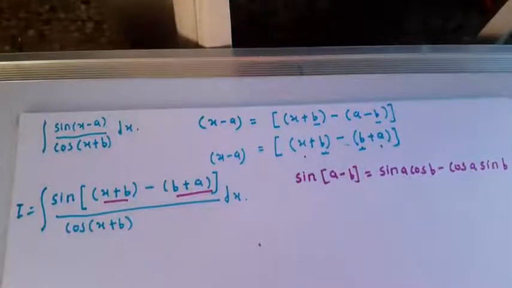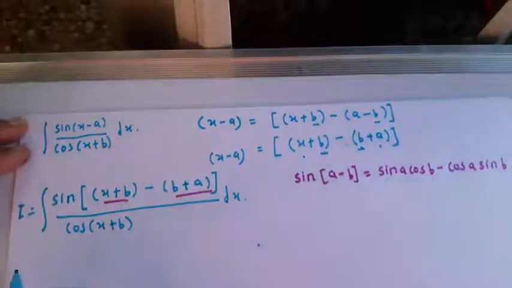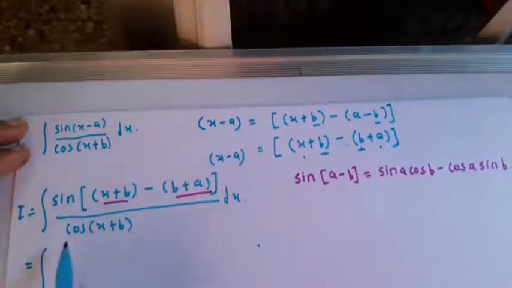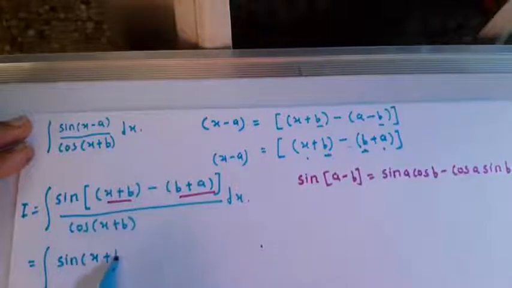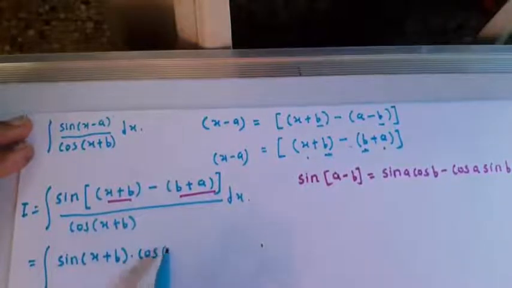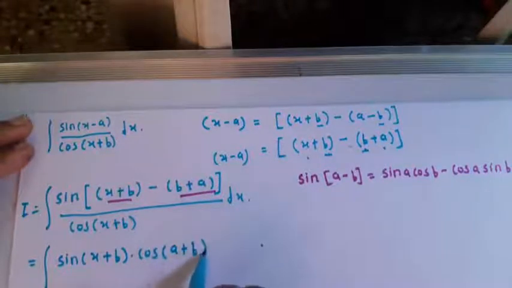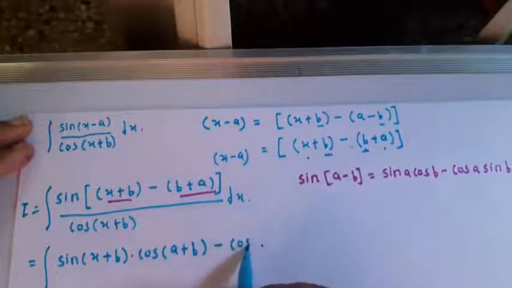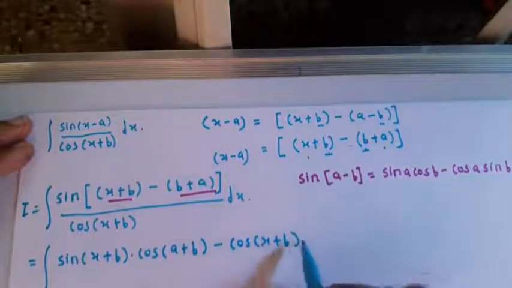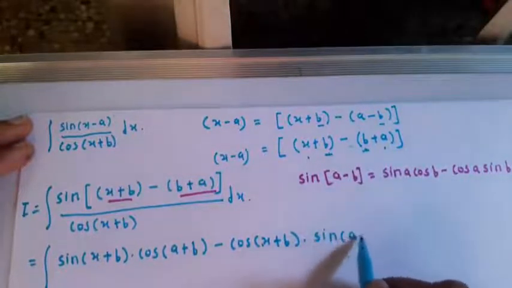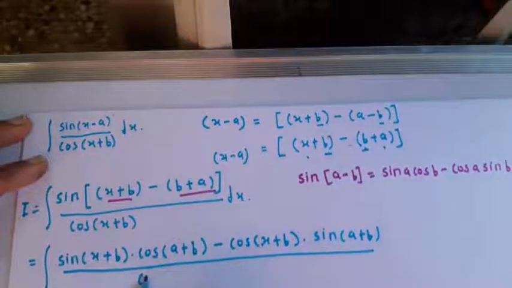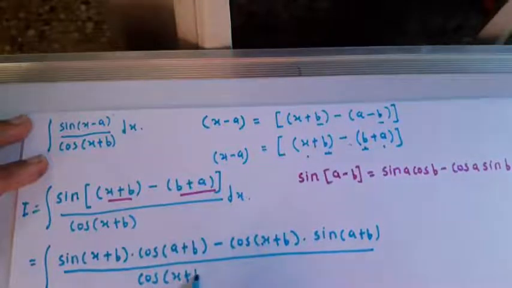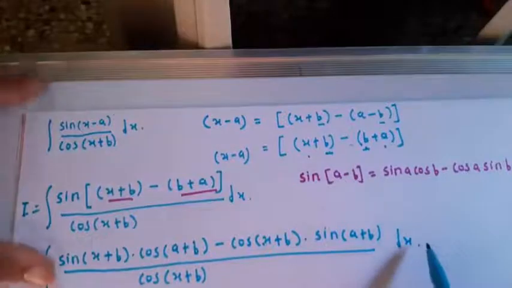Okay, and therefore this is equal to the integration of sin(A − B), that is sin(x + b) cos(a + b) minus cos(x + b) sin(a + b), upon cos(x + b) with respect to x.